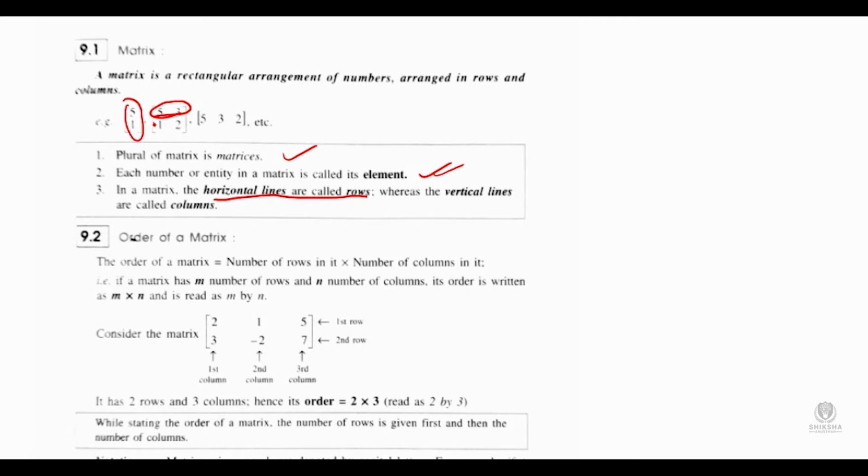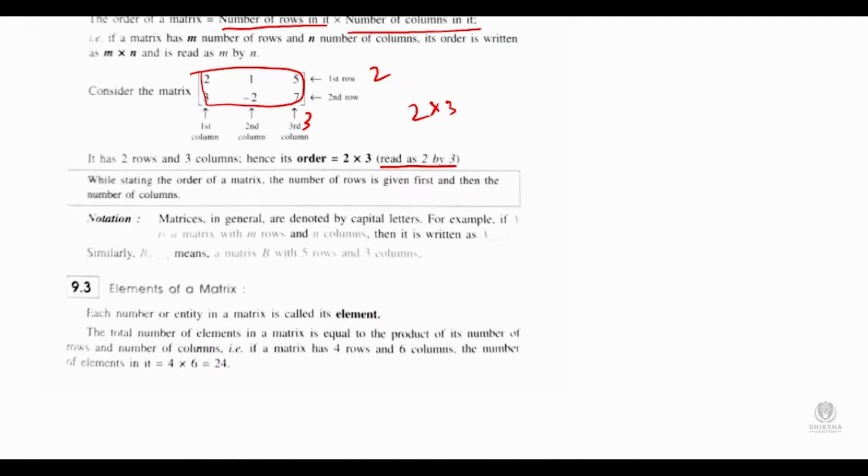Then order of matrix. The order of matrix is equal to number of rows into number of columns. So in this example, the number of rows is 2, the number of columns is 3, the order is 2 into 3, or we read it as 2 by 3. Matrices are in general denoted by capital letters.